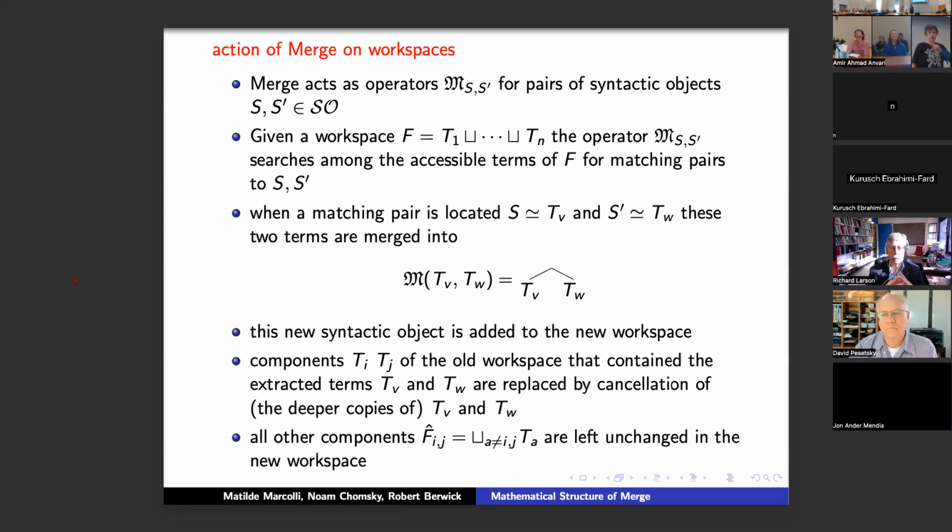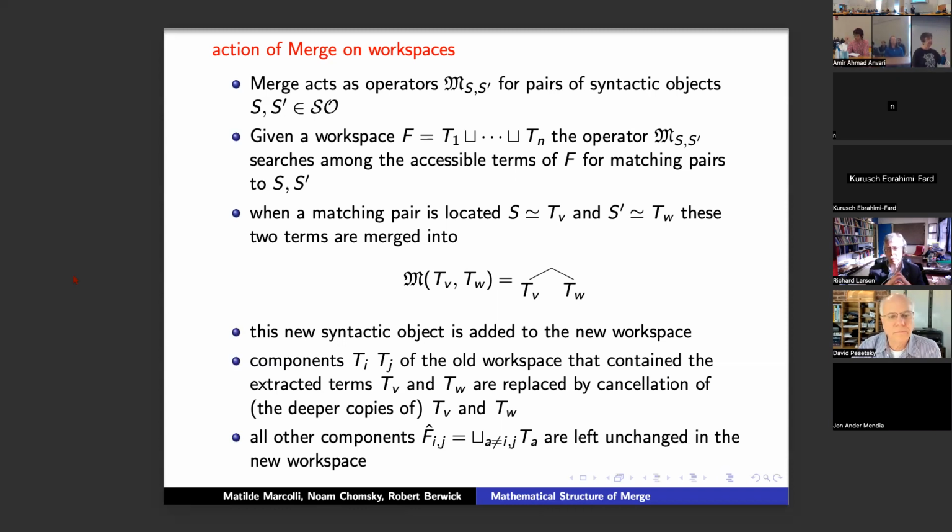First of all, it searches the workspace. What that means is that it searches all the accessible terms in the workspace for terms that can be identified with S and S prime, the terms isomorphic to S or S prime.